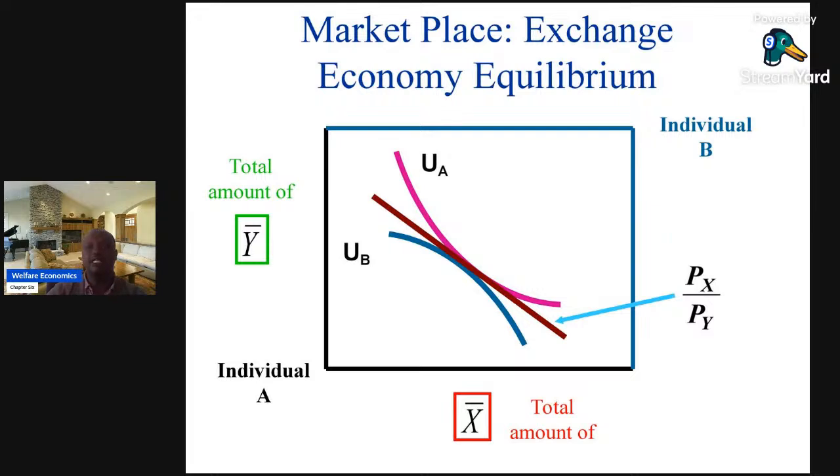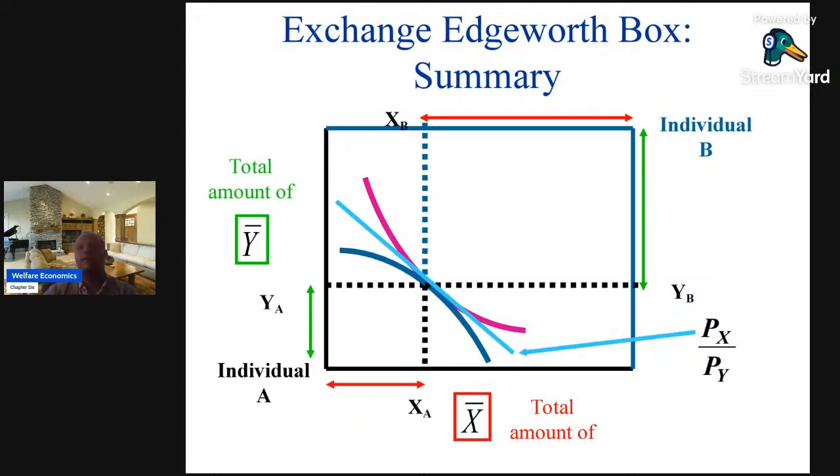In the market exchange, in the exchange economy, this is called Pareto efficient. Pareto efficient in economic exchange means that in market exchange the marginal rate of substitution for both individuals should be equal to the slope of the budget line.